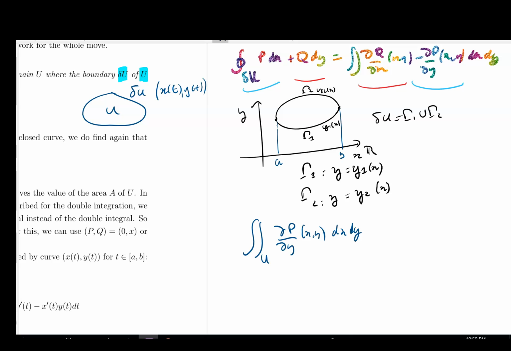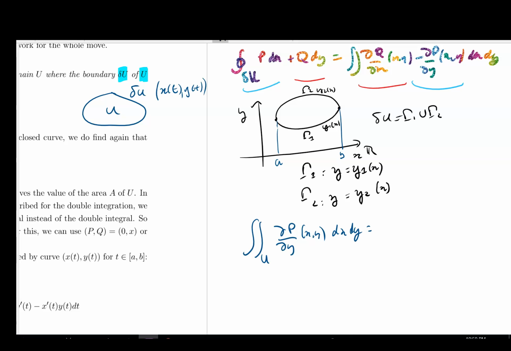Okay, so if you remember what we said, I can relate the area below the curve gamma 2 and the area below the curve gamma 1 to the area inside of this domain U. So what would I get?